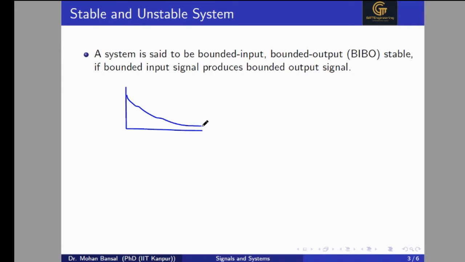It is bounded because as t tends to infinity, the signal x(t) will become 0. So this is bounded. That means the amplitude should be finite throughout the time axis, and its expression is e to the power minus at. This kind of signal is called a bounded input or bounded signal.